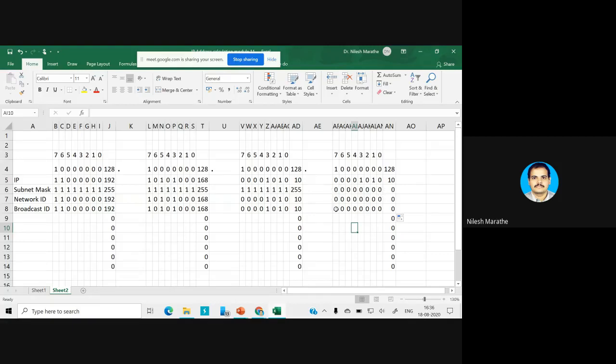So the last octet is host bits. If we make it 1, what will become the broadcast ID for this network? 192.168.10.255. Is it correct?